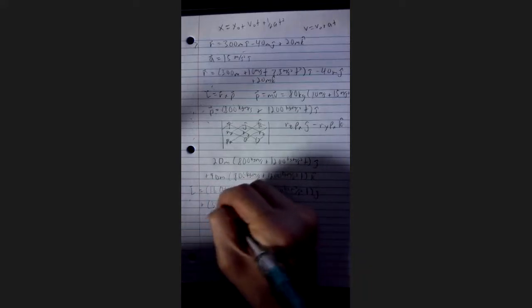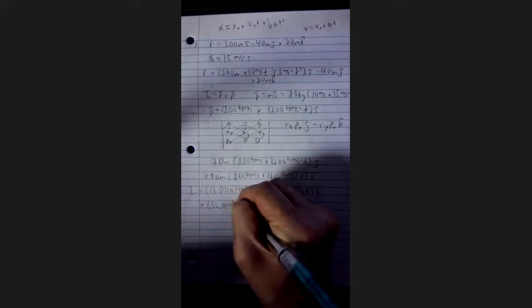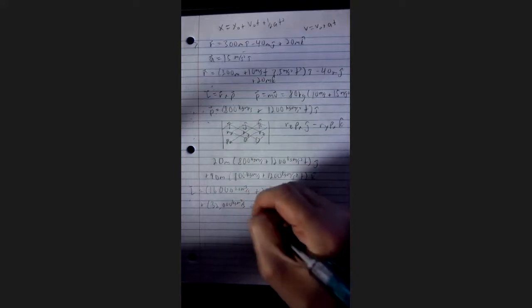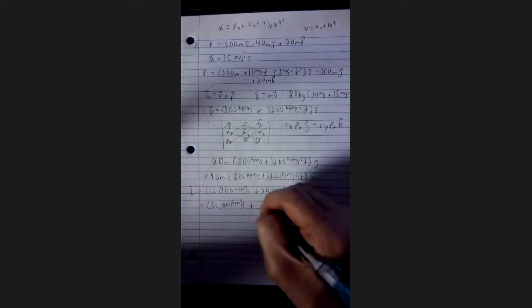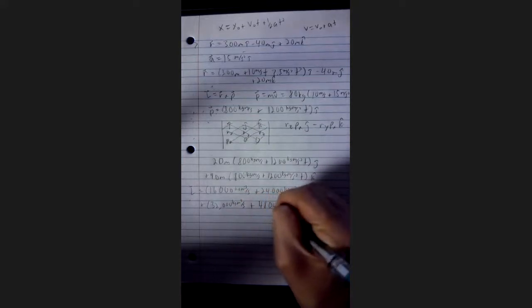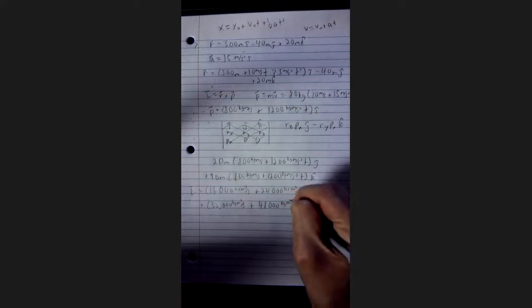So this is our full angular momentum. And for the z part, we have 32,000 kilogram meters squared per second plus 48,000 kilogram meters squared per second squared times time. So this is Superman's angular momentum.